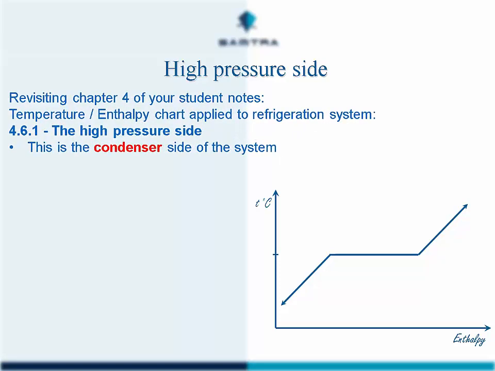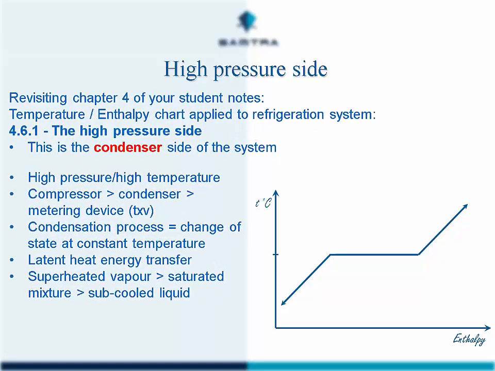Okay, so revisiting chapter 4 of your student notes, where we looked at the high pressure side and the low pressure side, and applied the notes from chapter 3, the ice, water and steam.